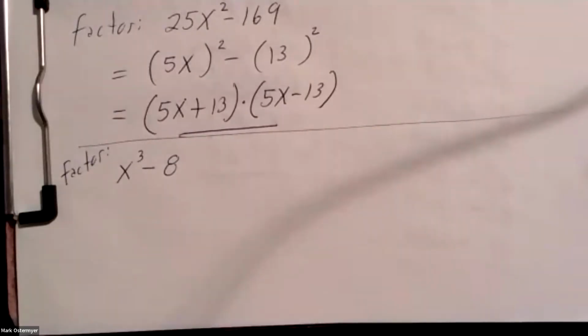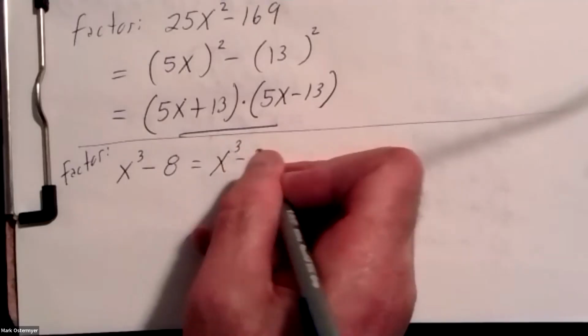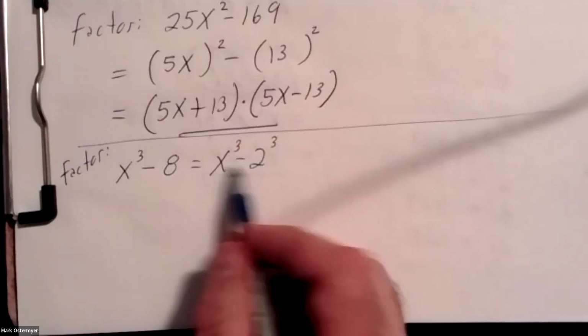Difference of cubes. All right, 8 is a perfect cube of 2.